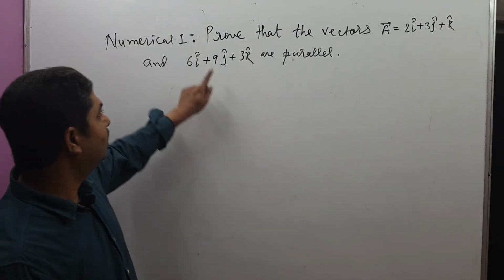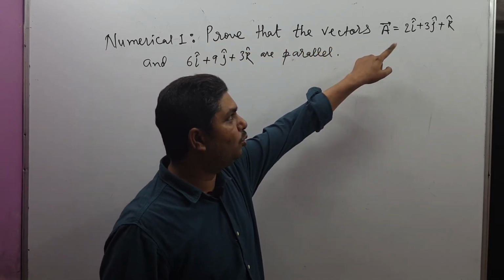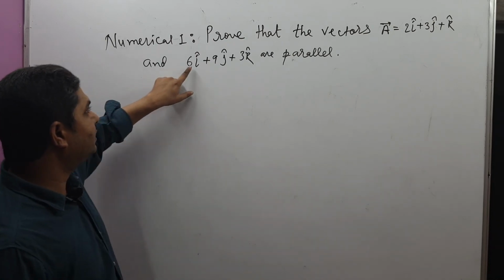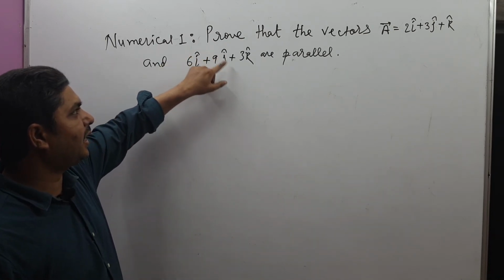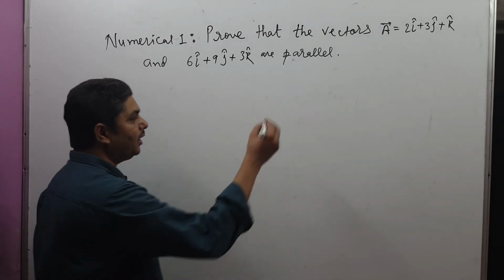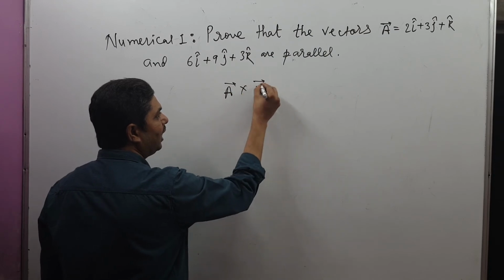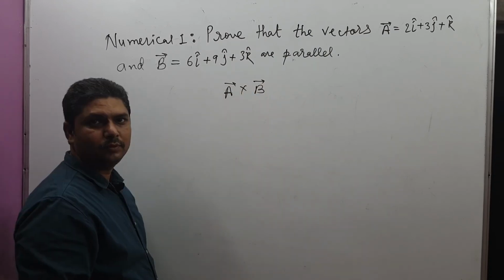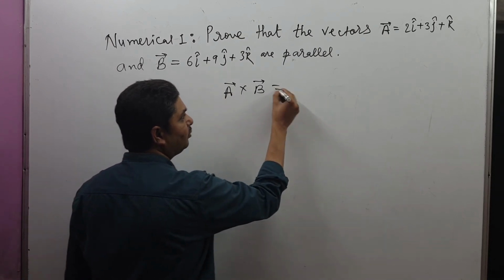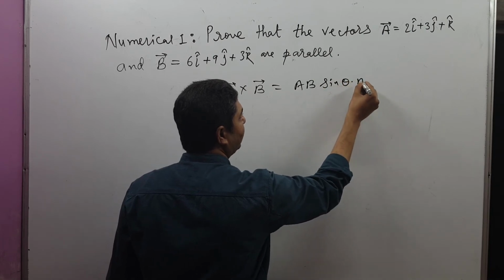The numerical is: prove that the vectors A equals 2i plus 3j plus k cap and B equals 6i cap plus 9j cap plus 3k cap are parallel. So students, I will take the cross product A cross B, and we know that A cross B equals AB sin theta n cap.